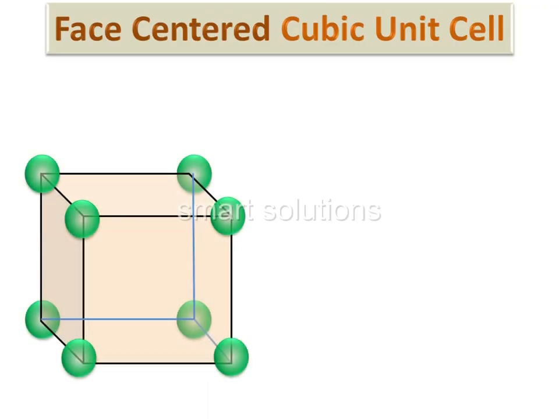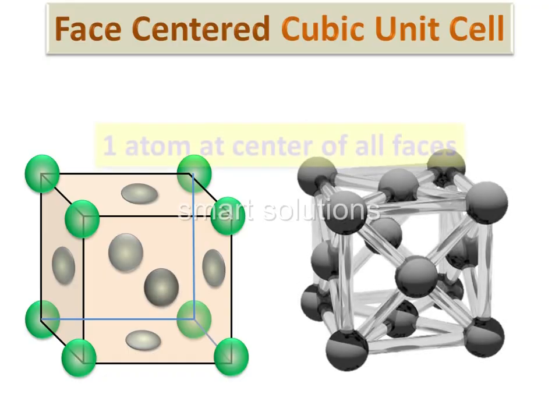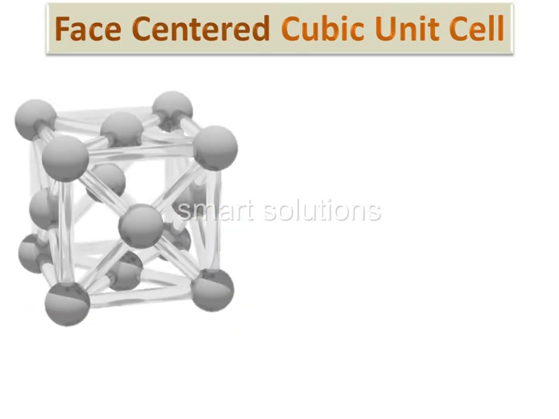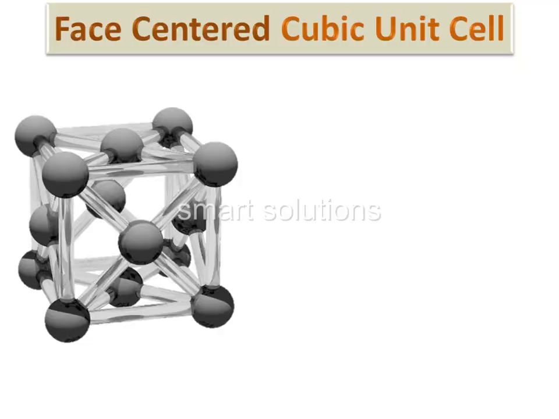Face-centered cubic unit cell. A face-centered cubic unit cell contains atoms at all the corners and at the center of all the faces of the cube. Similar to the primitive cubic unit cell, the face-centered cubic unit cell also has atoms at all corners.